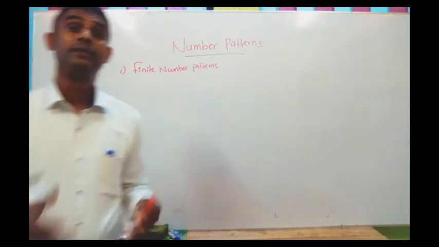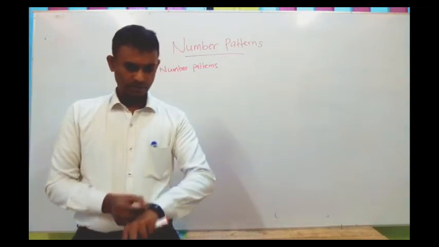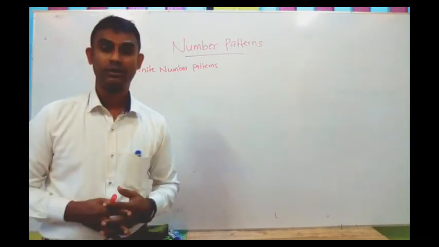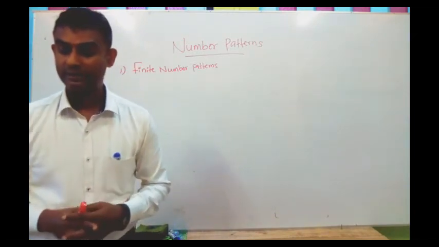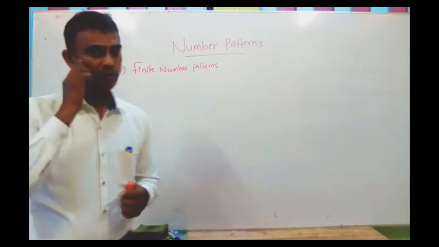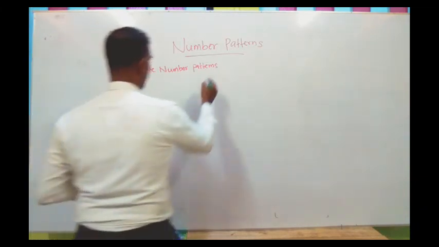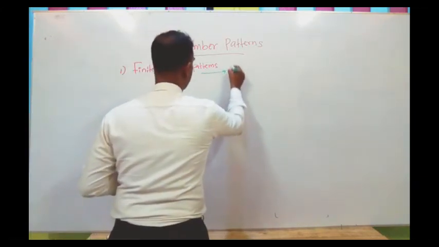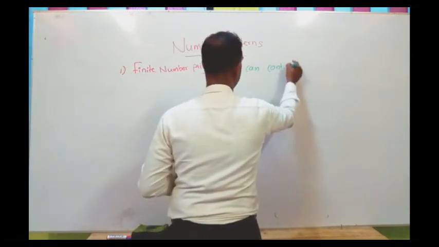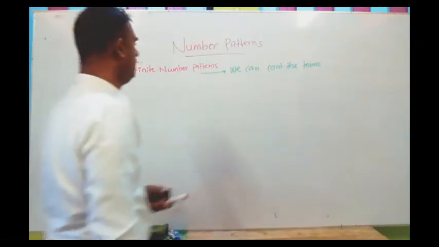What does that mean? Finite means if we can count the number of terms, that is called a finite number pattern. The specialty of a finite number pattern is that we can count the terms of the number pattern.